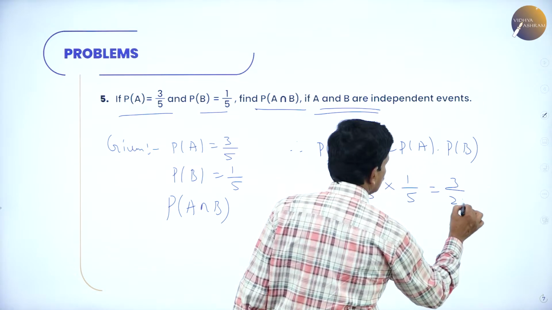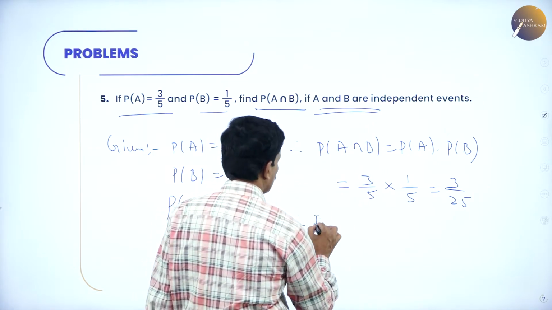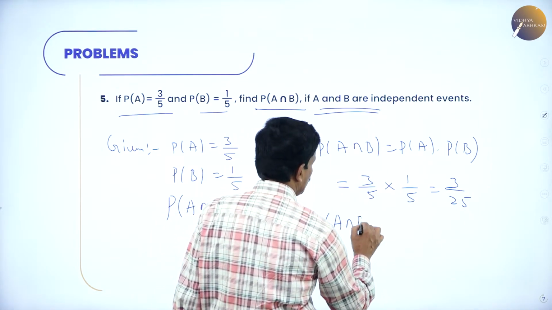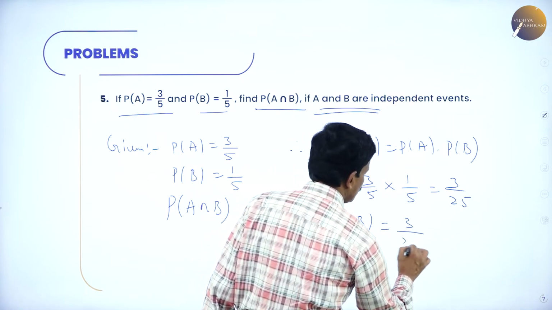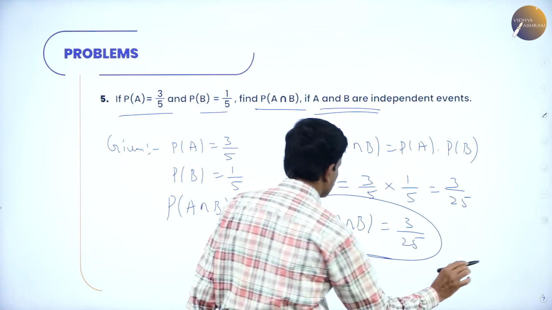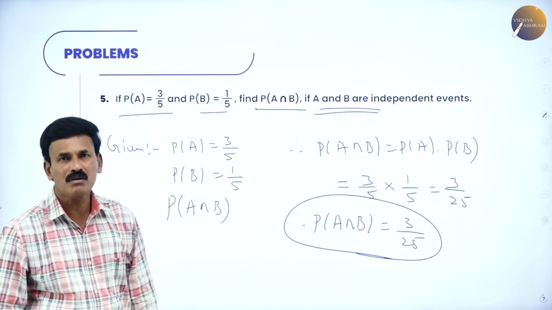That's equal to 3 divided by 25. So, therefore, probability of A and B is equal to 3 divided by 25. That's it. This is the required answer.